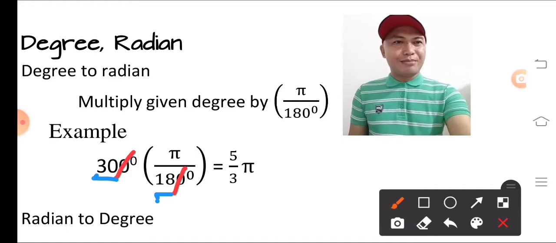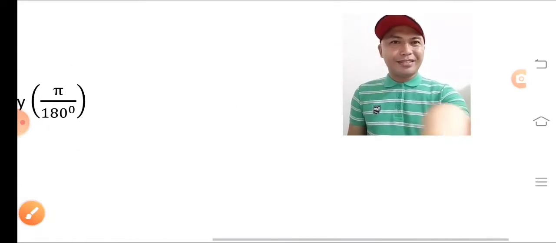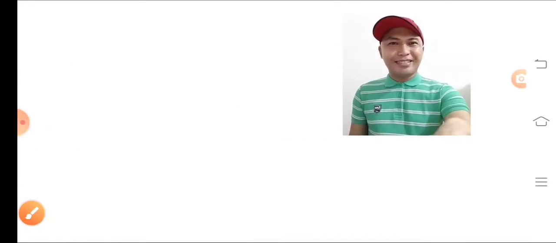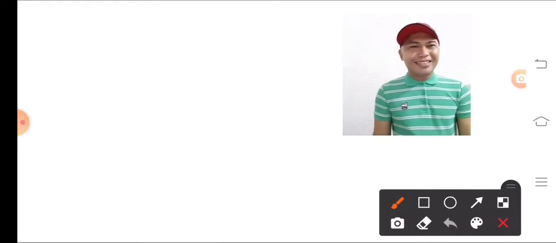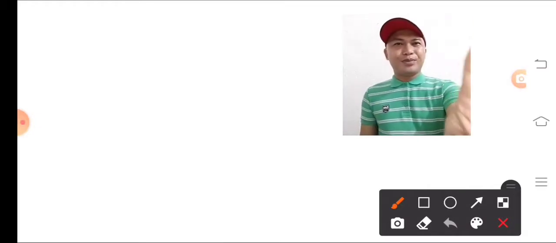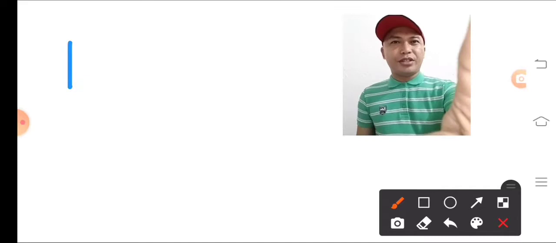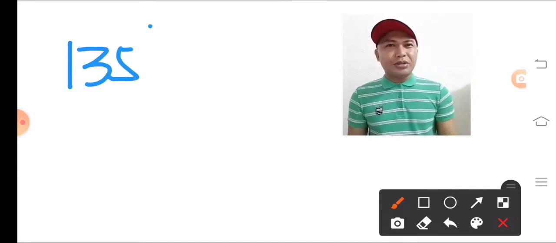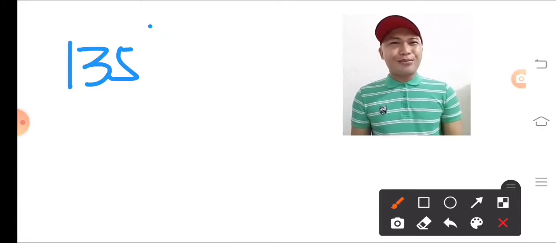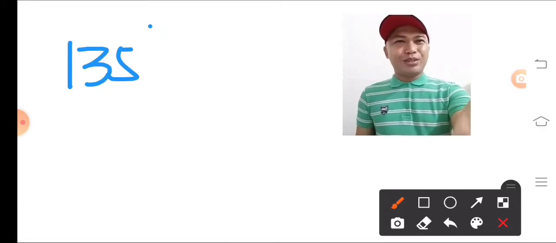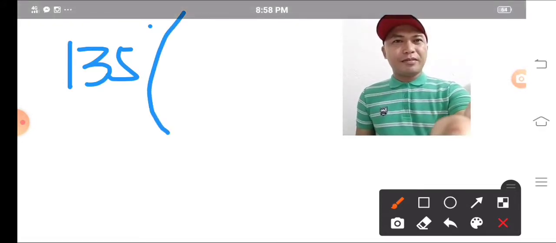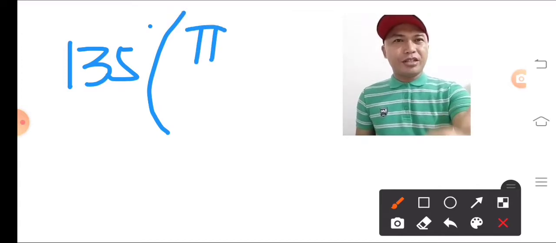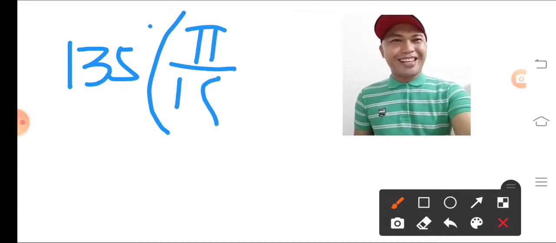Let's take another example. Let's say we have 135 degrees. Now if you're going to convert that into pi radians, all we have to do is multiply this by pi over 180 degrees.